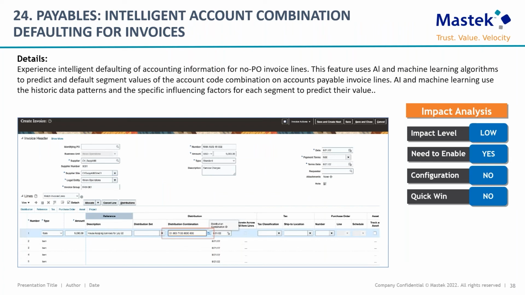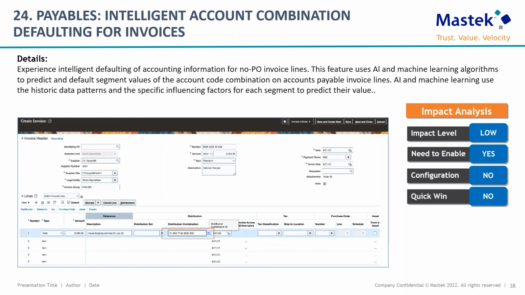Next up, for payables, we have intelligent account combination defaulting for invoices. There are some enhancements or features which Oracle has defined as adaptive intelligent features, which are based on the adaptive intelligence technology from Oracle.